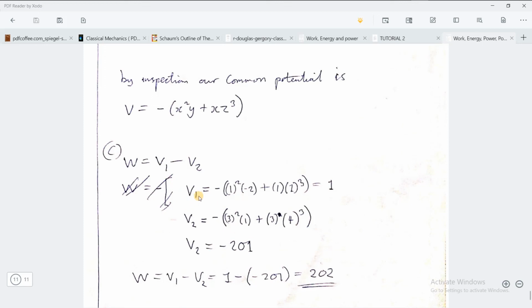So now when you say V1 minus V2, you get 202 as your answer. So your answer here will be 202. So that is your work.